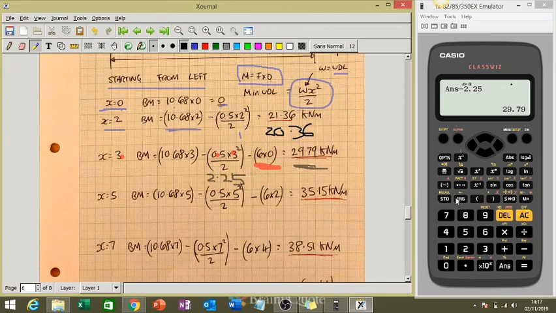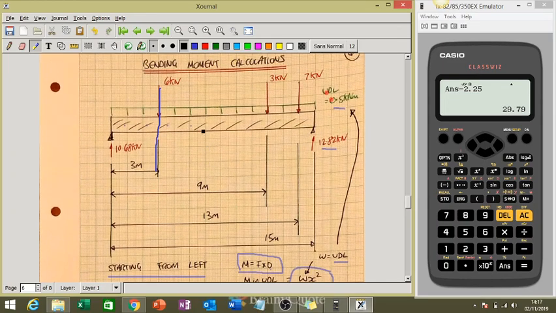So I'll carry on now. X equals 5 here somewhere. So I've got the bending moment produced by that, and the bending moment produced by the UDL.